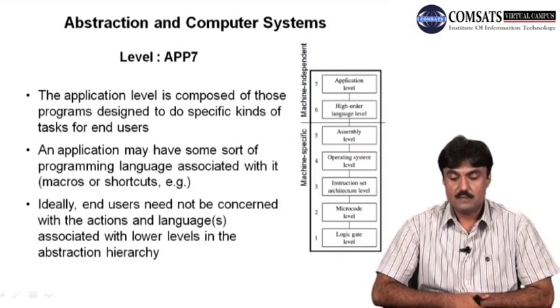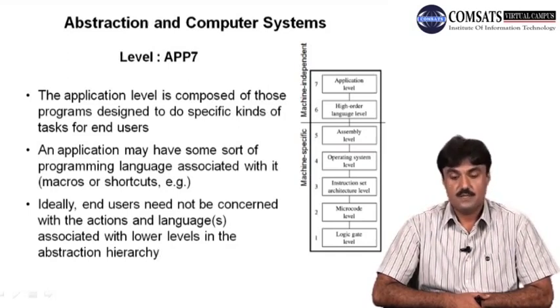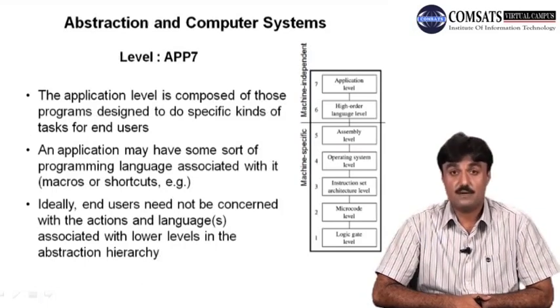An application may have some sort of programming language associated with it, like macros or shortcuts, for example. At this level, ideally end users need not be concerned with the actions and languages associated with the lower levels in the abstraction hierarchy.